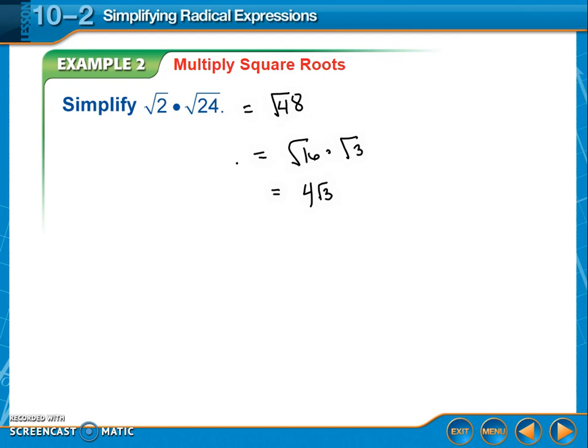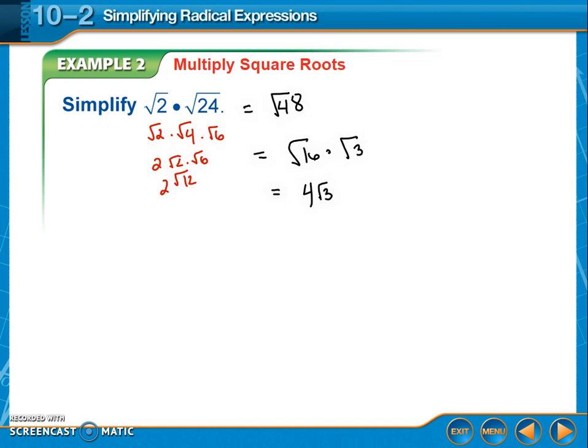Okay. Had you been doing this another way, another option you could have said, okay, I know that the square root of 24 is going to be the same thing as the square root of 4 times the square root of 6. And then I have times the square root of 2. So this is going to be square root of 4 becomes 2, and then I have the square root of 2 times the square root of 6, which you can say is the square root of 12.